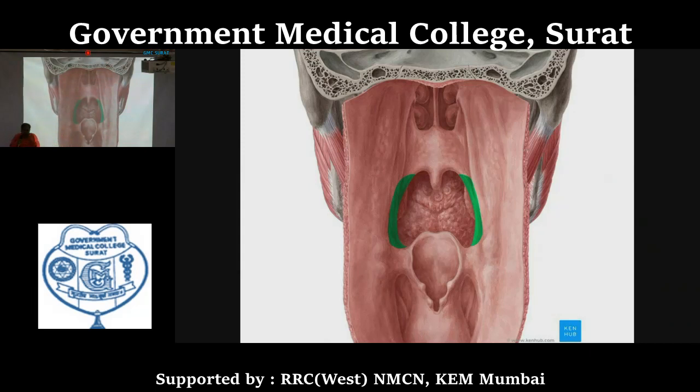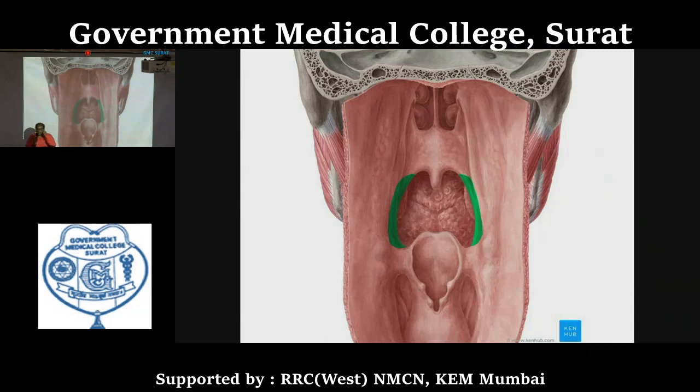But the more important thing is the anterolateral aspect. Here on the side of the larynx one can see a fossa. This is an important part of the laryngopharynx. It's a small fossa on the side of the laryngeal inlet, and this fossa is known as the pyriform fossa.